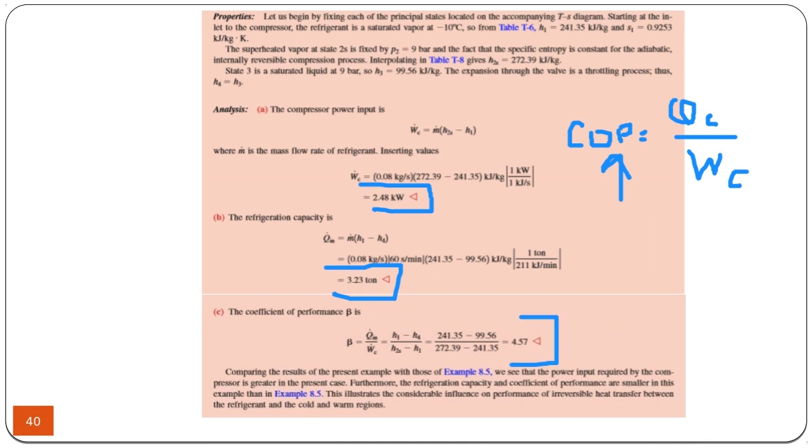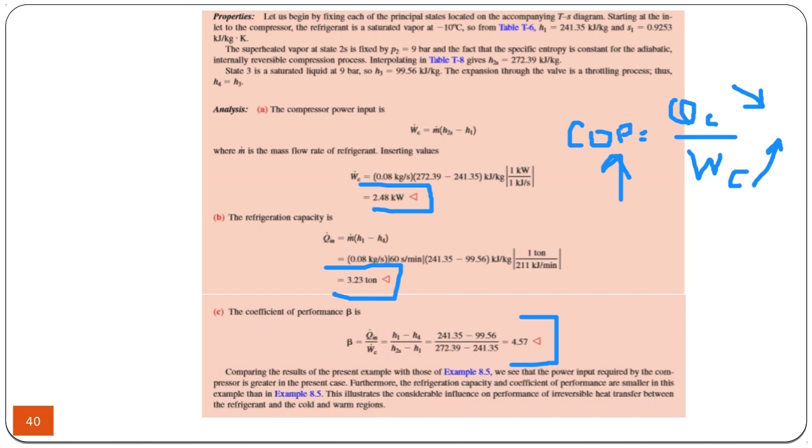The previous one had a COP of 9 point something. Now it's 4.57. And why do we have a lower COP now? Because the cooling capacity has gone down and the compressor work has gone up. The combined effect of these two will result in a lower COP.